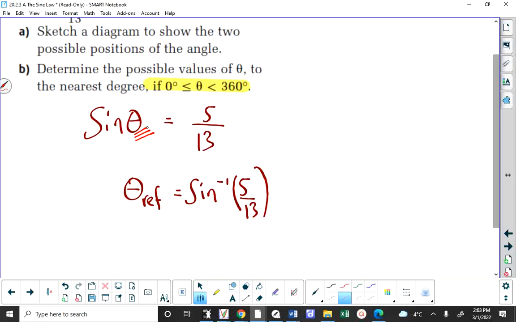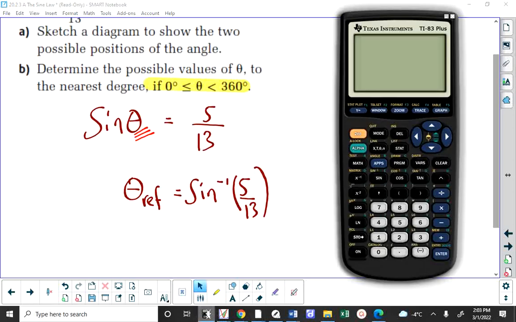Okay? So I take the inverse sine, making sure I'm in degree mode, and I am. I take the inverse sine of 5 over 13, and I get that. And by the way, some of you prefer, I know, to take 5 divided by 13 and then take the inverse sine of it. It doesn't matter. I think you can just do it in one shot.